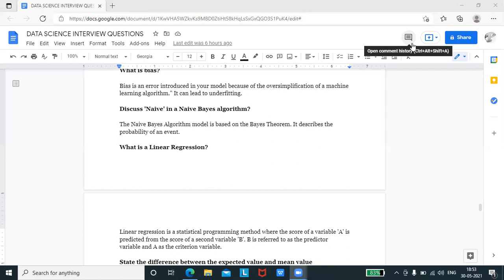In such a situation, we can use naive Bayes, which can be extremely fast relative to other classification algorithms. It works on Bayes' theorem of probability to predict the class of unknown datasets.